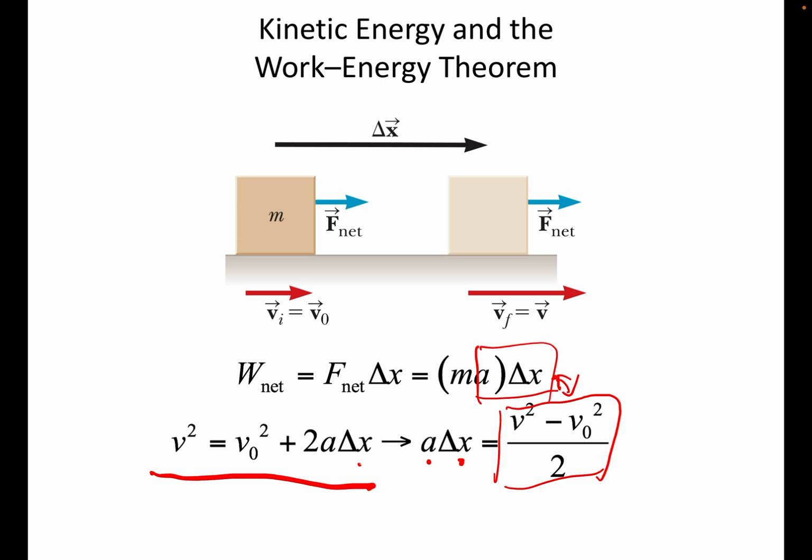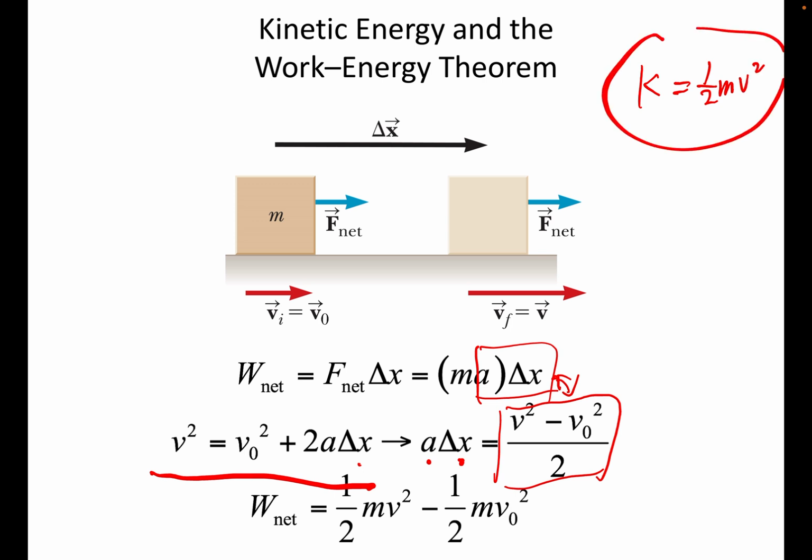So it will simply give us the net work done equals 1/2 m v final squared minus 1/2 m v zero squared, and recall that kinetic energy is 1/2 mv squared.